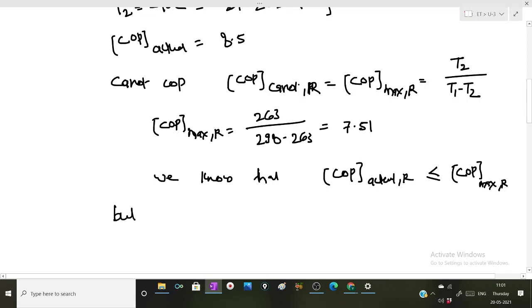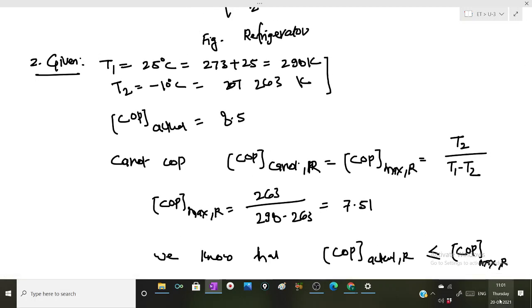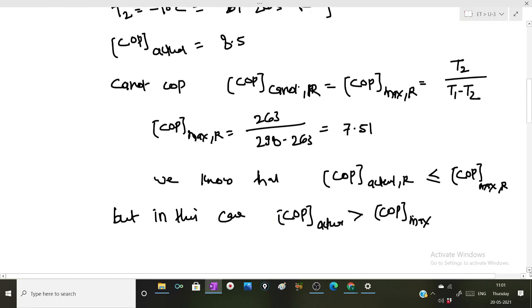But in this case, COP actual is more than COP maximum. Isn't it? So what we will conclude from this? COP actual is more than the COP maximum.